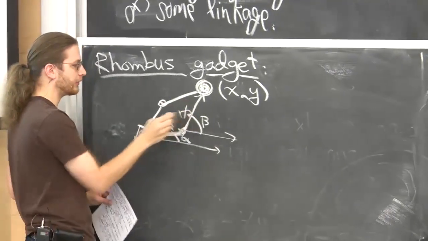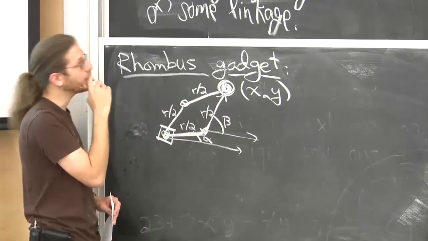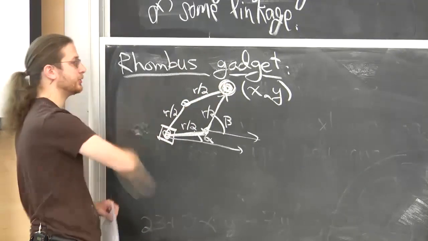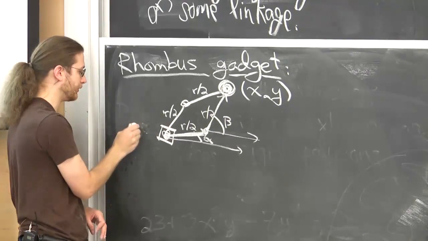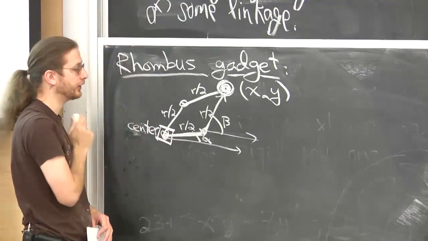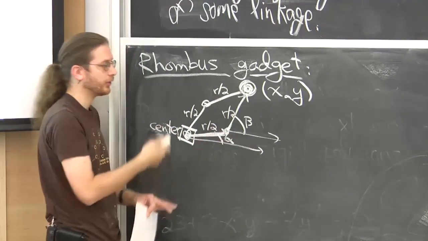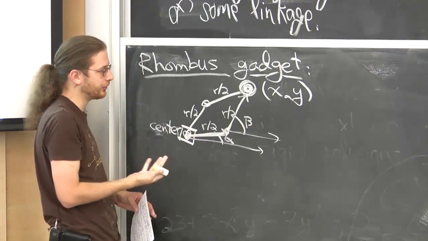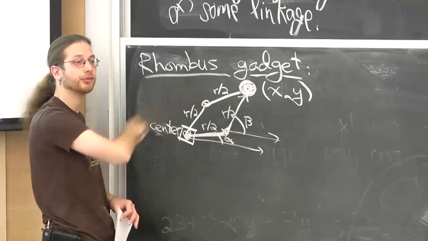Because if these are both r over 2, and these are also r over 2, that's the definition of a rhombus, then this point can get to anywhere within a disk of radius r, centered at this point. So this would be the center of the disk. So we're given r, we're told what the disk is. We set this up, but now alpha and beta are in some sense free. They're actually related to, no, they're not even related to each other. This point still has 2 degrees of freedom.